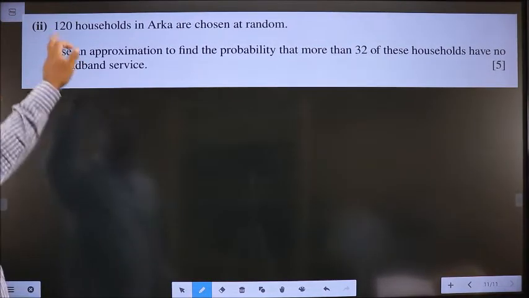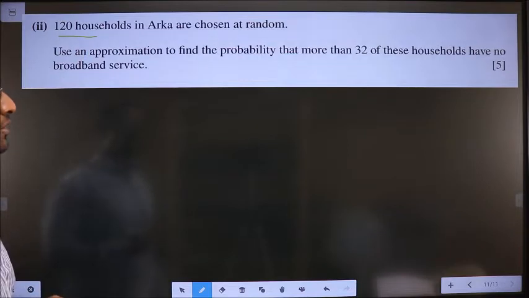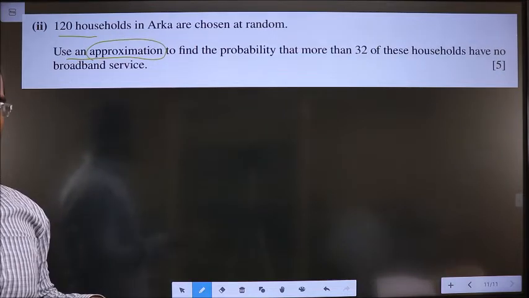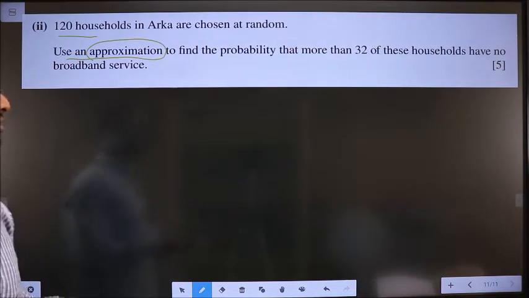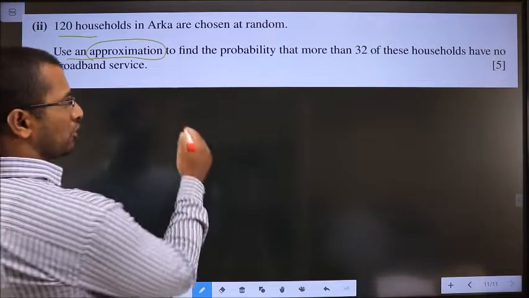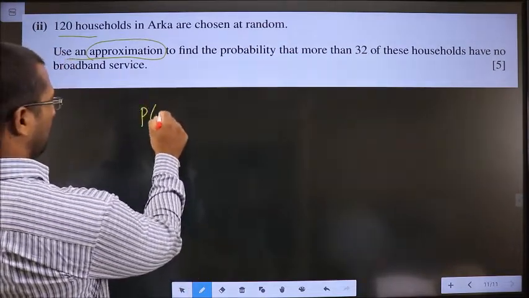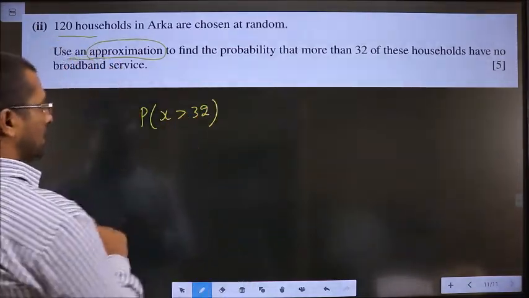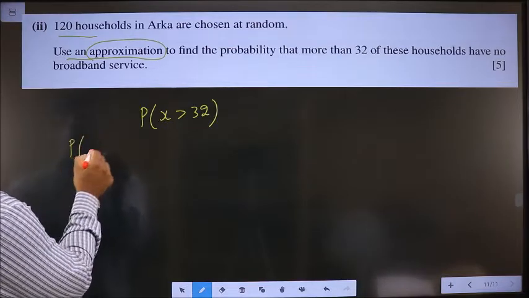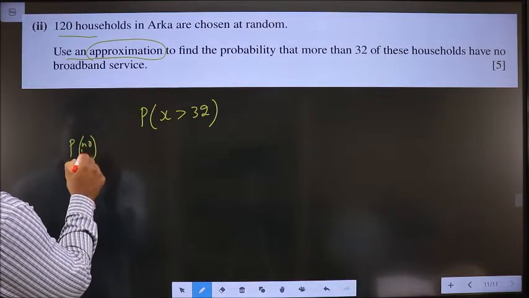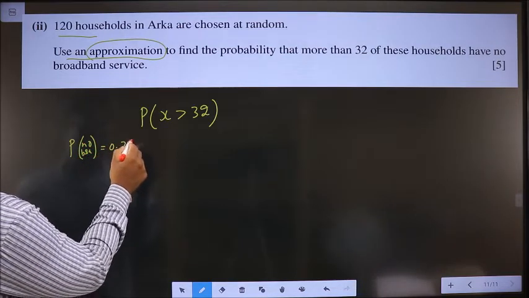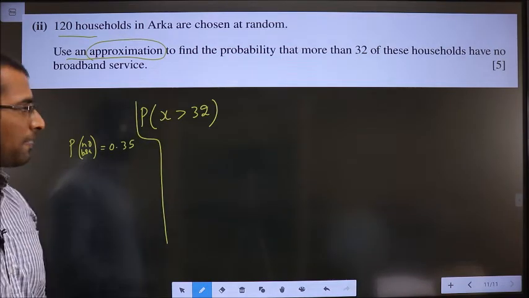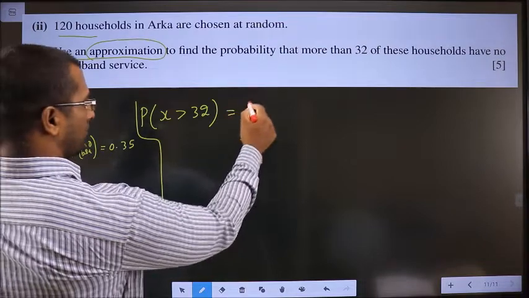Second part. 120 households in Arka are chosen at random. Use an approximation. Whenever it says approximation, you need to make use of the normal distribution to find the probability that more than 32, so P of x greater than 32, have no broadband service. The probability of not having broadband service is 0.35, which was given earlier. Now this is what we need to find out.